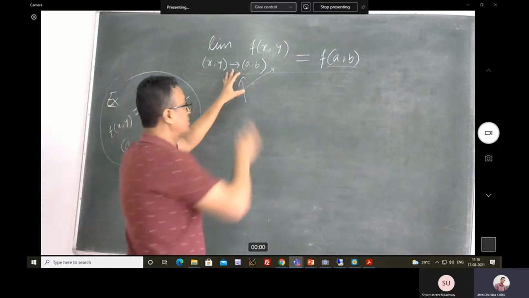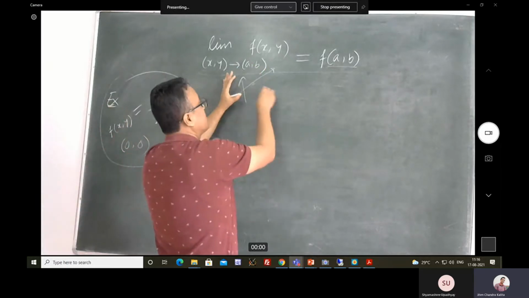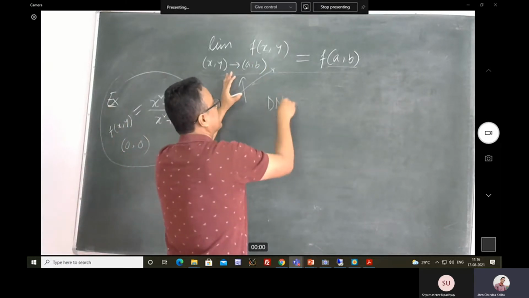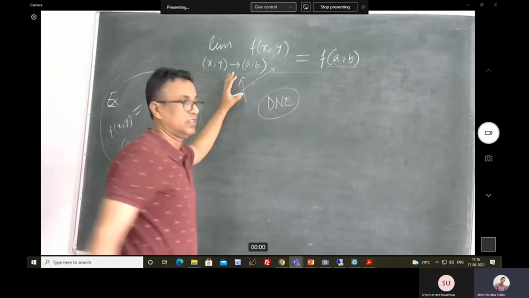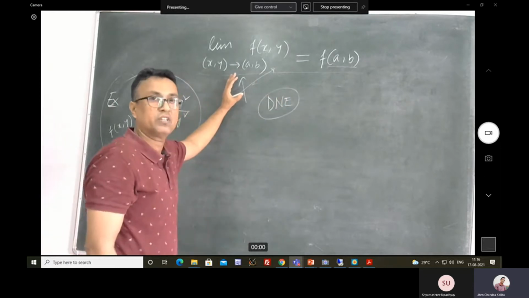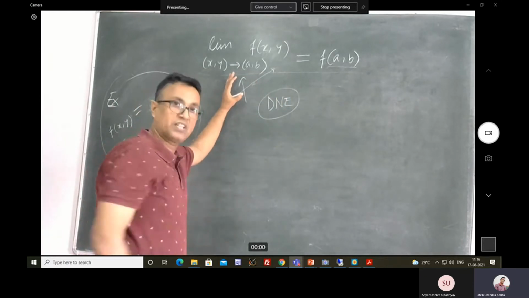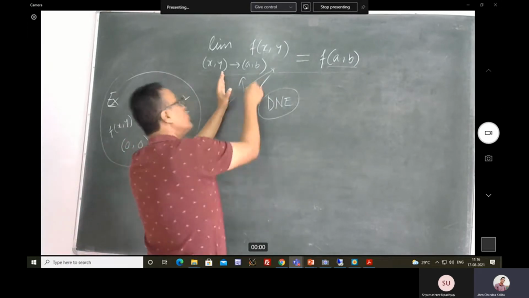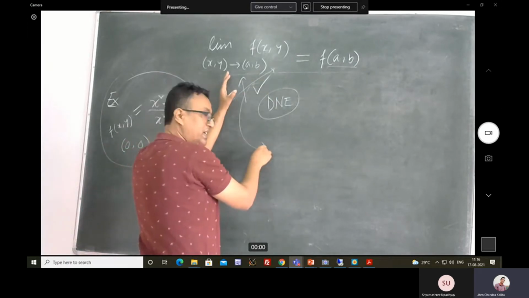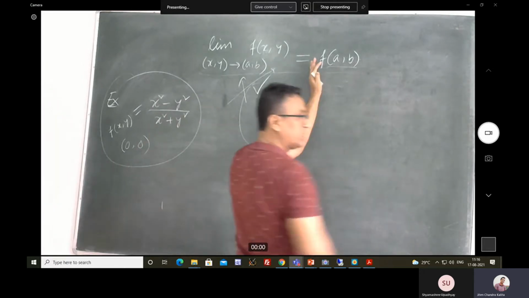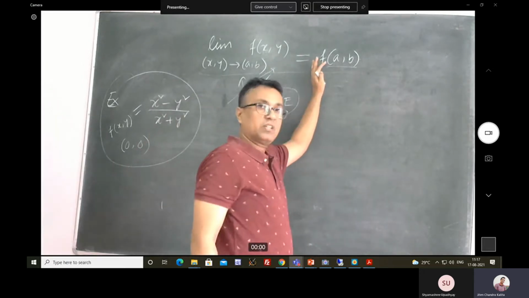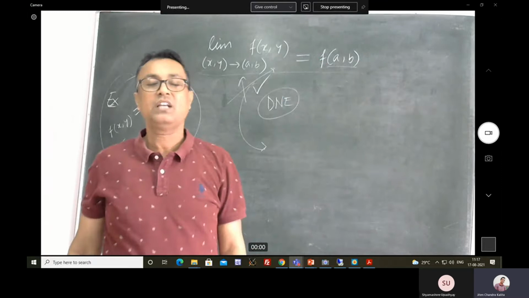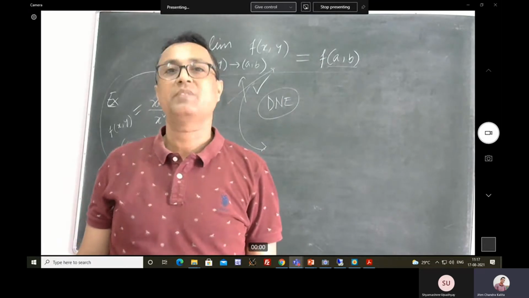If it doesn't exist, we are not going to proceed further. We are not even going to talk about continuity because the limit itself doesn't exist. If the limit exists, we evaluate it, then evaluate the function at that particular point and equate them. If they are equal, then we say the function is continuous.